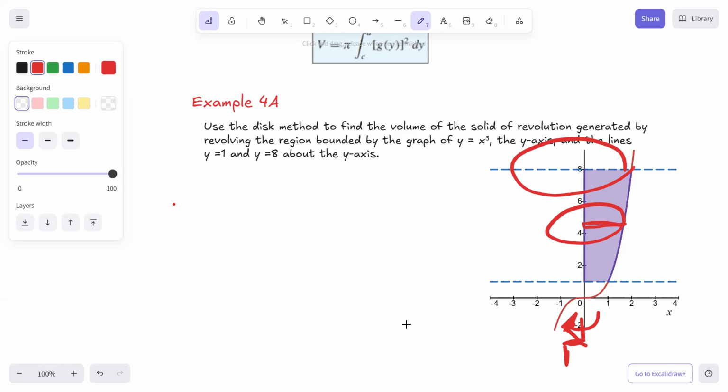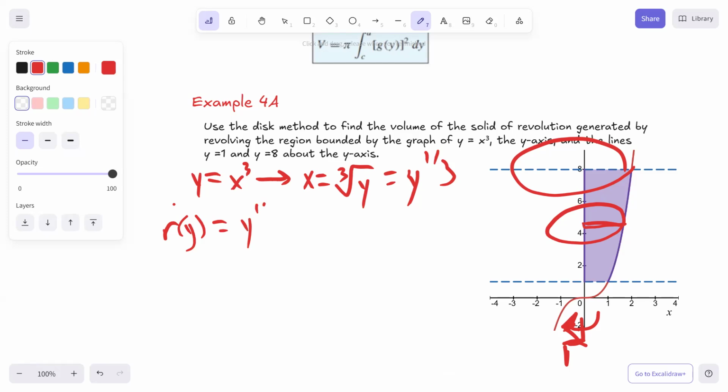This function is given in terms of x, so y equals x cubed. So oftentimes you'll just have to solve that as x equals the cube root of y, or y to the 1/3. Okay? So if we take a representative strip and rotate it around, the radius in terms of y is equal to y to the 1/3.